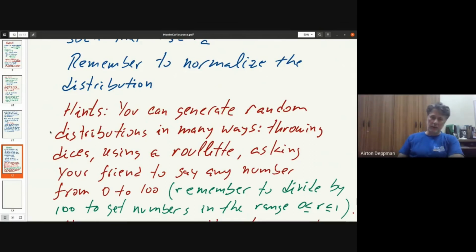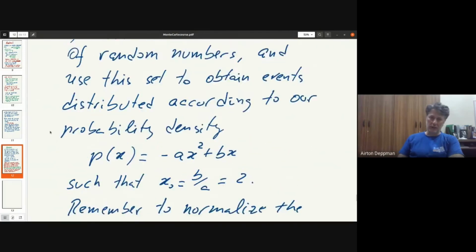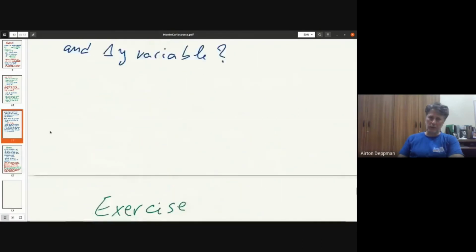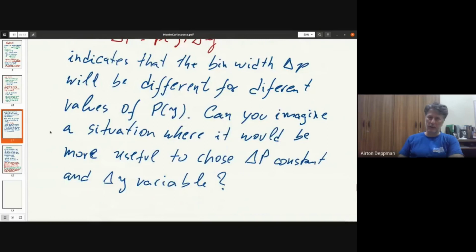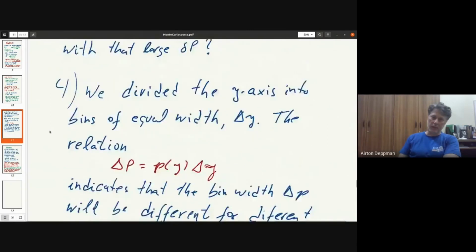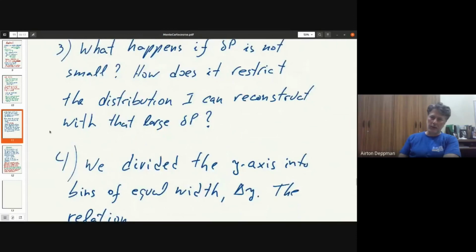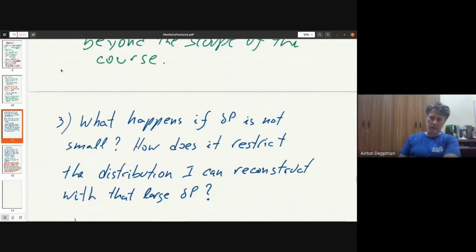So the approach here was quite informal. It is not rigorous, but in the bibliography you can find a more mathematical and rigorous description of the method of statistical sampling.